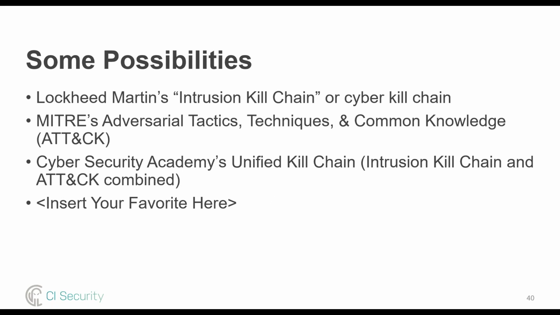There are lots of possibilities for the frameworks you could choose. Lockheed Martin, years and years ago, came out with a very useful tool called the intrusion kill chain, often referred to as the cyber kill chain. That is essentially a mechanism for describing those things that must happen for an intrusion to be successful.